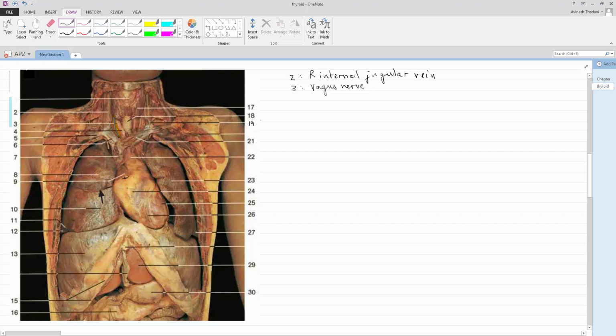Number 4 is the right common carotid artery, which is one of the branches of the brachiocephalic trunk that comes off the aortic arch.